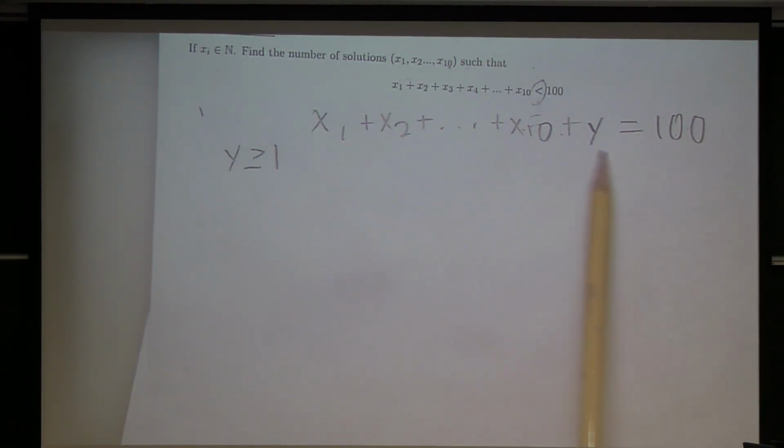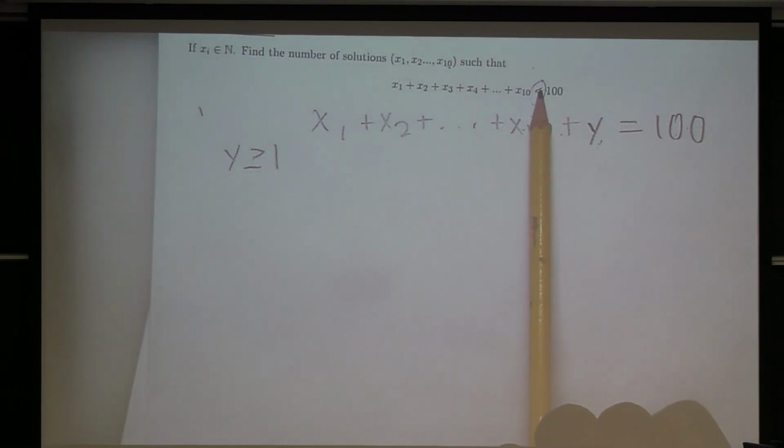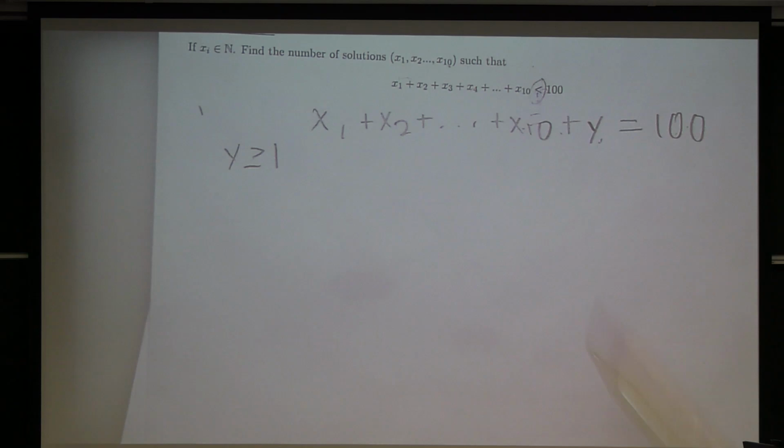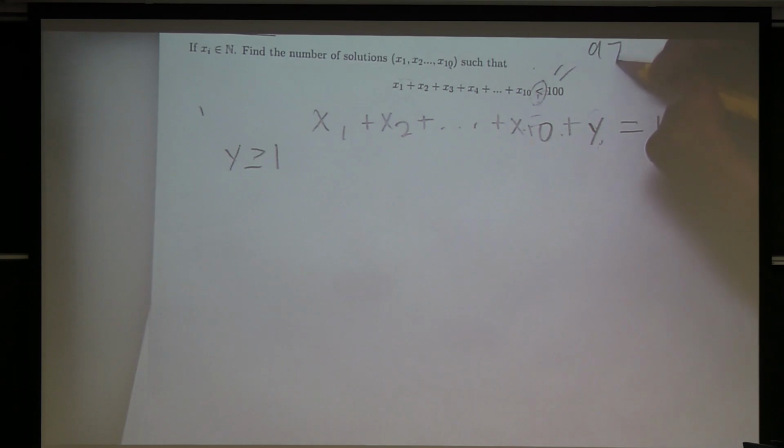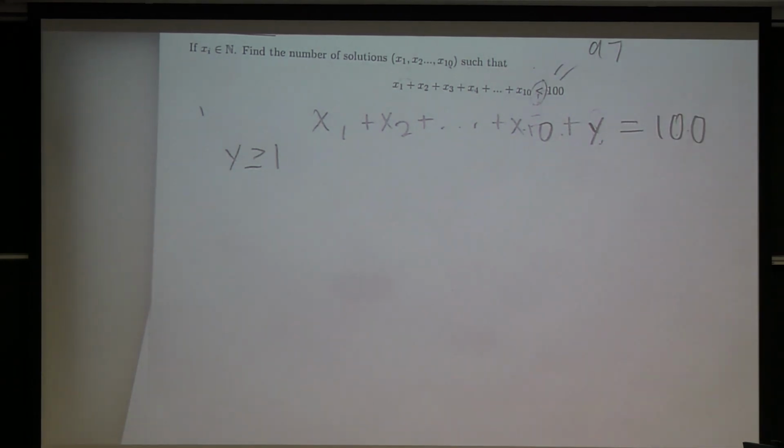The reason why I can do this is because we're given that the sum of x1 to x10 is less than 100. So if I add any positive integer to it, if this is equal to, for example, 97, then we can make y equal to 3, and so on.